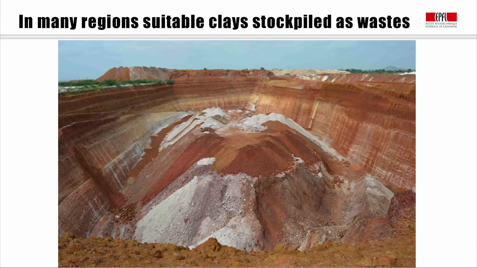This is a quarry where they're extracting high purity clay for producing metakaolin, which is then used for ceramics or in the paper industry. And this huge mountain here is just waste. This is material which has too low quality for exploitation at the present time. But this waste here is a very suitable quality for blending with cements.